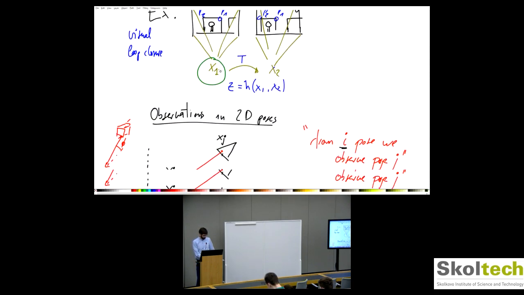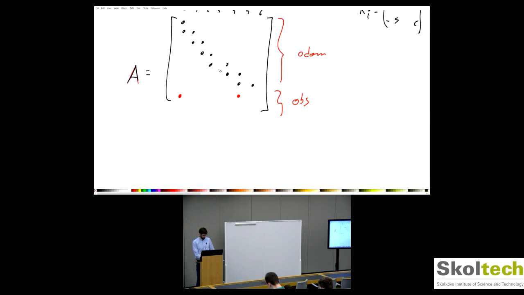So 1 is going to be observed here by 5, and 1 is going to be observed by 6. And this is our new loop closure observations that we are adding here. We are just connecting poses by saying that there's going to be an observation function that relates them.